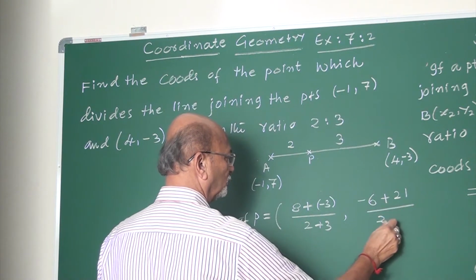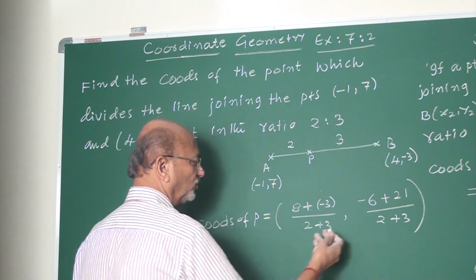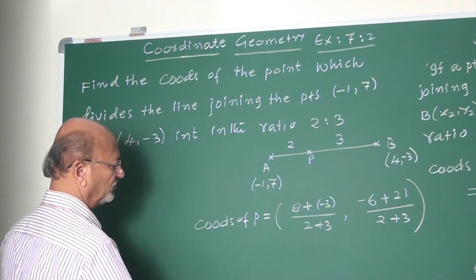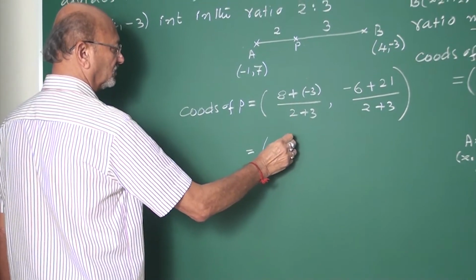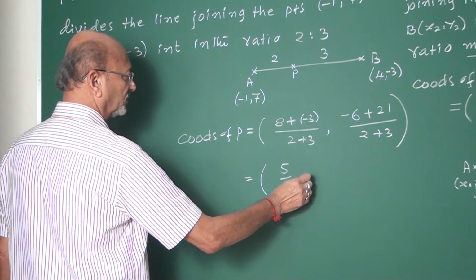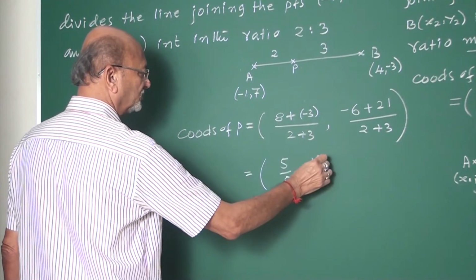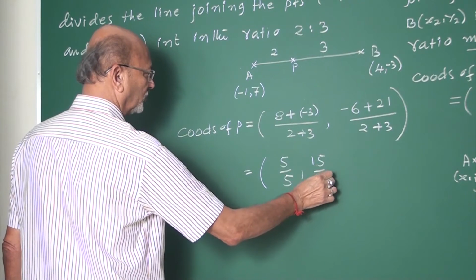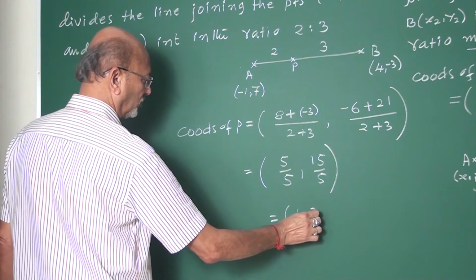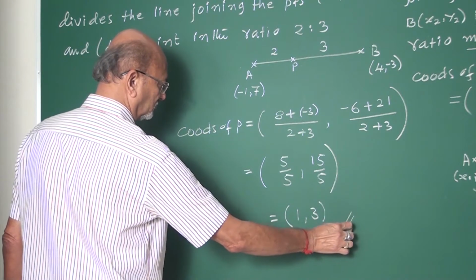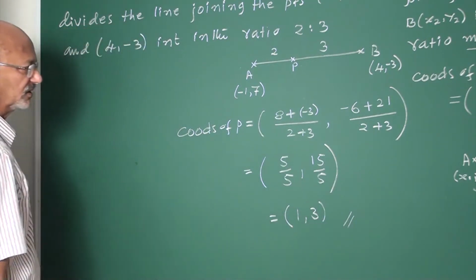Denominator is what? 2 plus 3. The rest you have to simplify. Equal to 8 minus 3 over 2 plus 3, 21 minus 6, 15 upon 5. Yes, my friend, this is 1 comma 3.